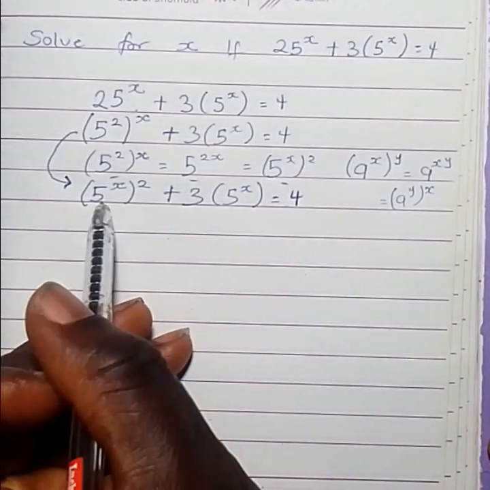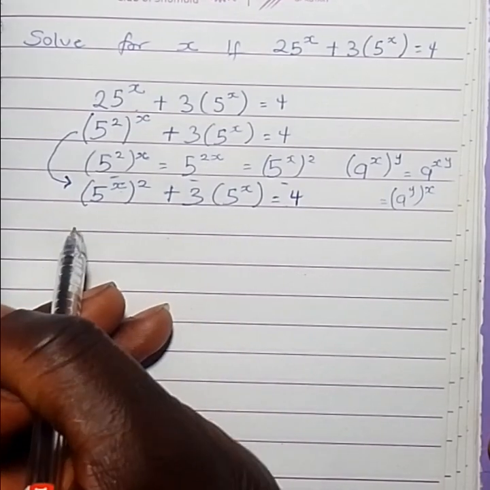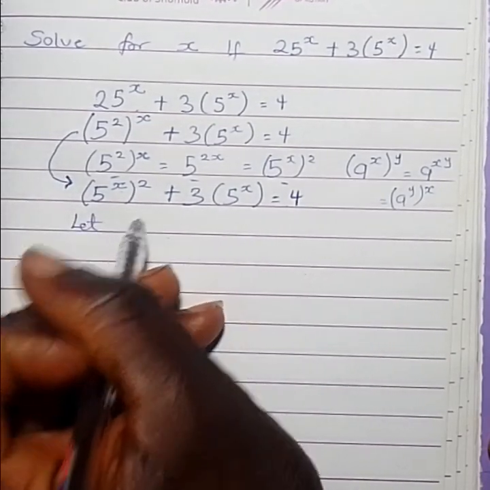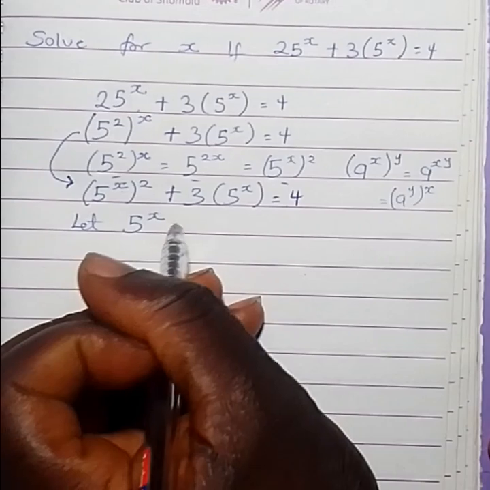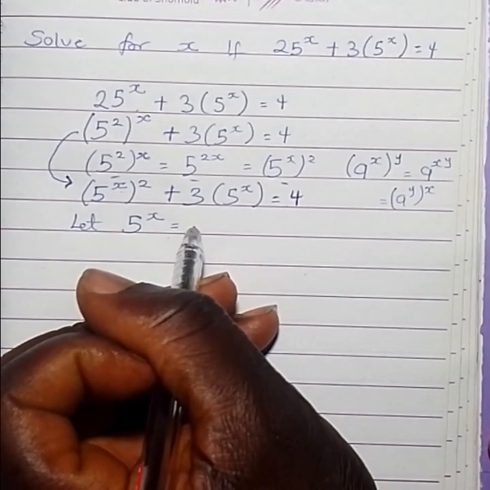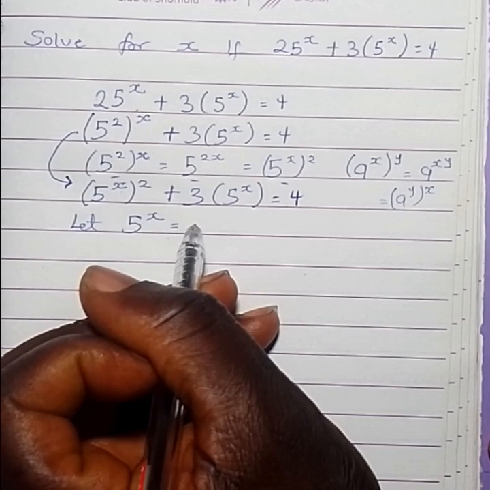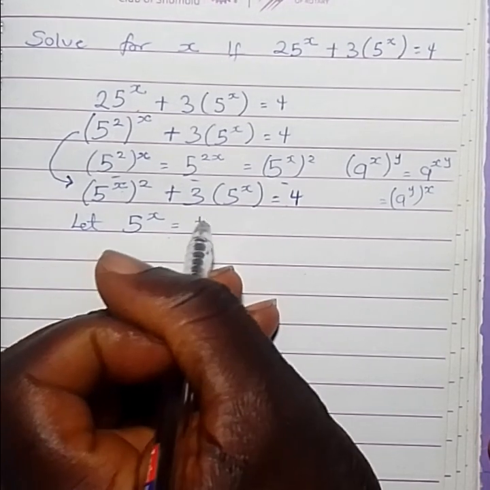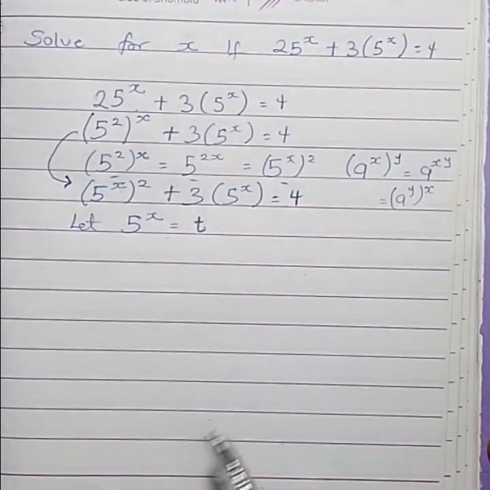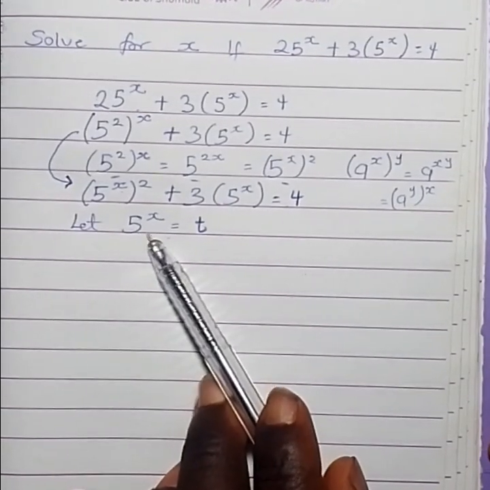Now you realize that 5 raised to power x is common. So I will say let 5 raised to power x equal, I can make use of any letter here as a variable, so let's say t. So wherever I see 5 to the x, I replace it with t.